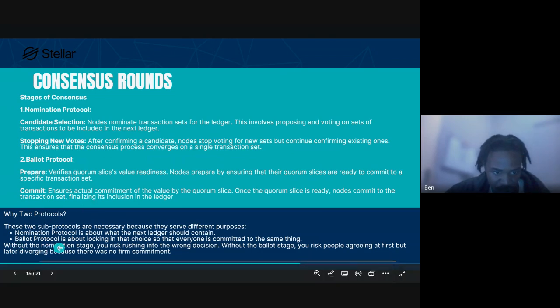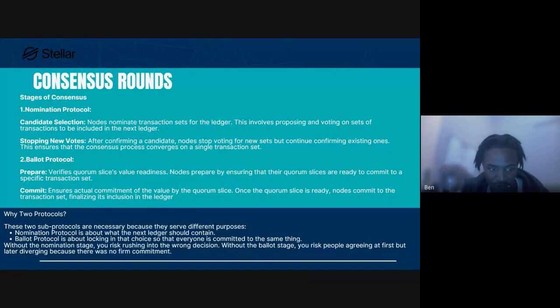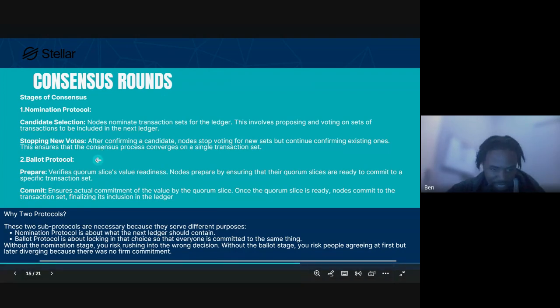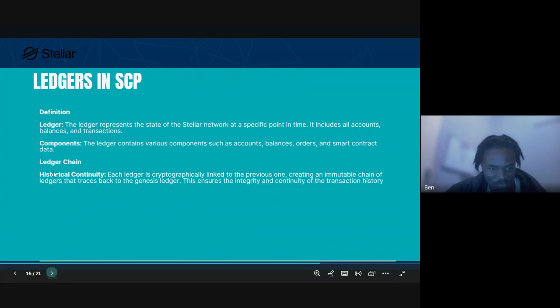Without the nomination stage, you risk rushing into the wrong decision. Without the ballot stage, you risk people agreeing at first, but later diverging because there was no firm commitment. So all this happens smoothly, automatically. And you're probably wondering, there's a lot of things happening just for a simple transaction.